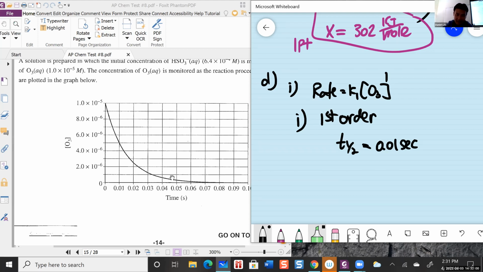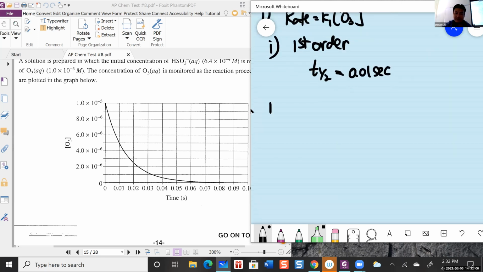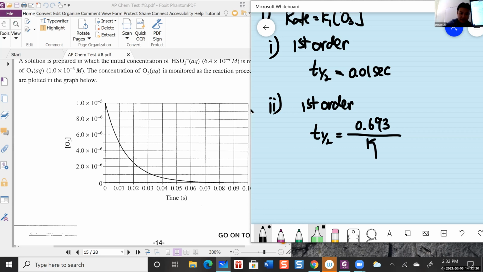That's why the half-life is eyeball. You just look at the graph, you know what the half-life is. And if you know the half-life, the next question they will ask you is to find the rate constant, because for first order, the half-life is always 0.693, which is natural log of 2, divided by the rate constant.